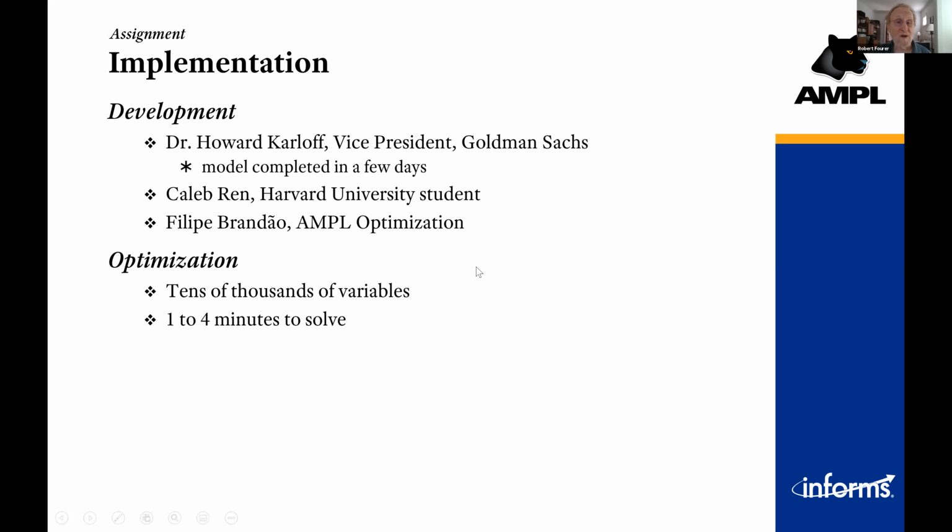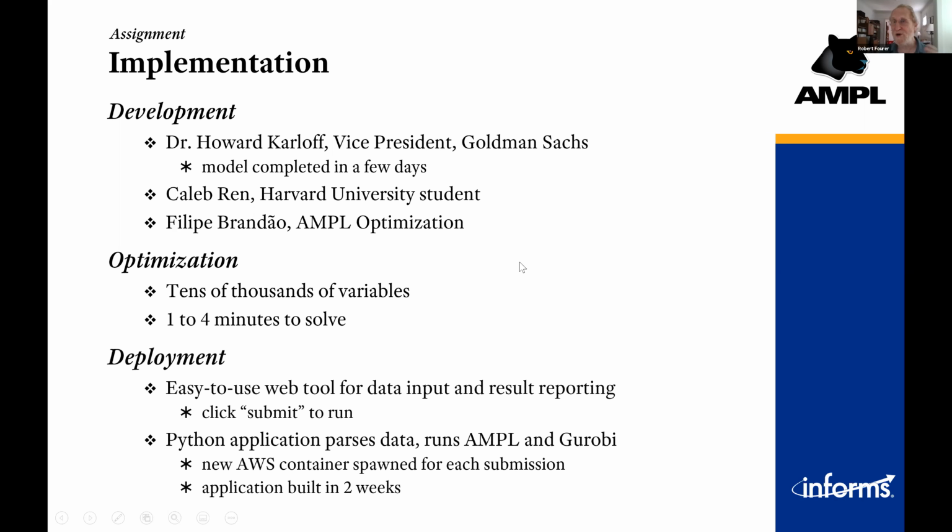So the optimization involves tens of thousands of variables, but takes only 1 to 4 minutes to solve. The way it's deployed is that they built a web tool that any principal or a teacher in the school can bring up, and they can put in their data of the students that they need to schedule, and click submit, and that sends in their data and asks for a solution.